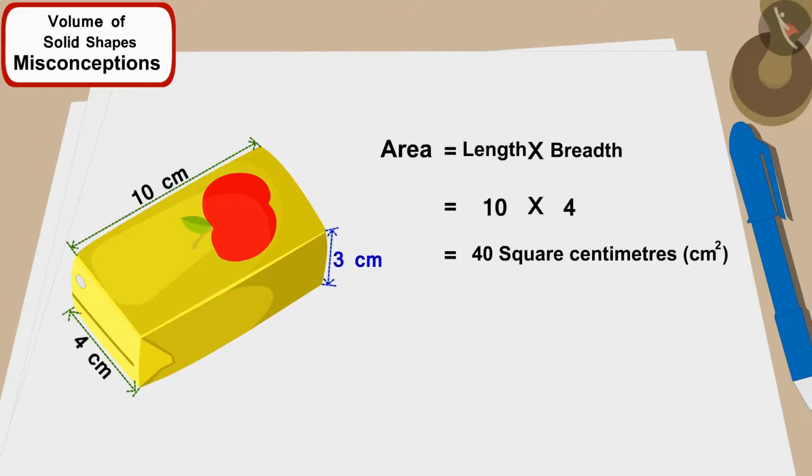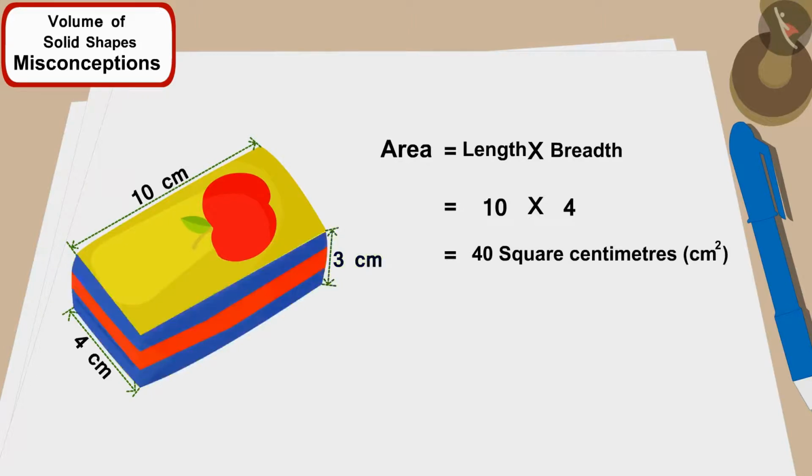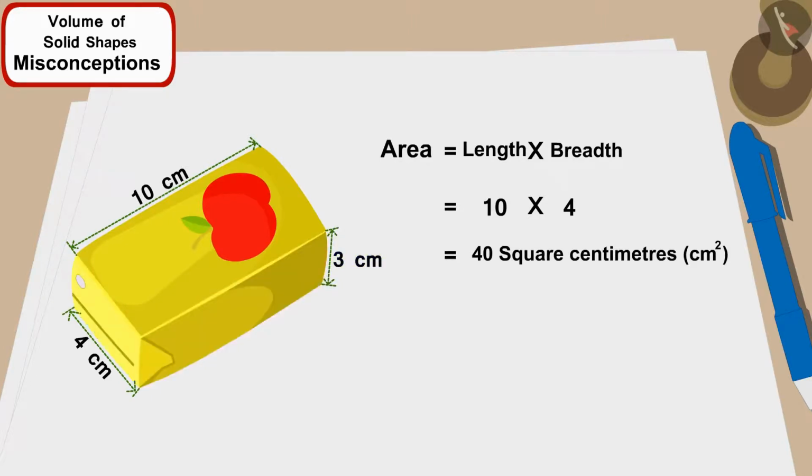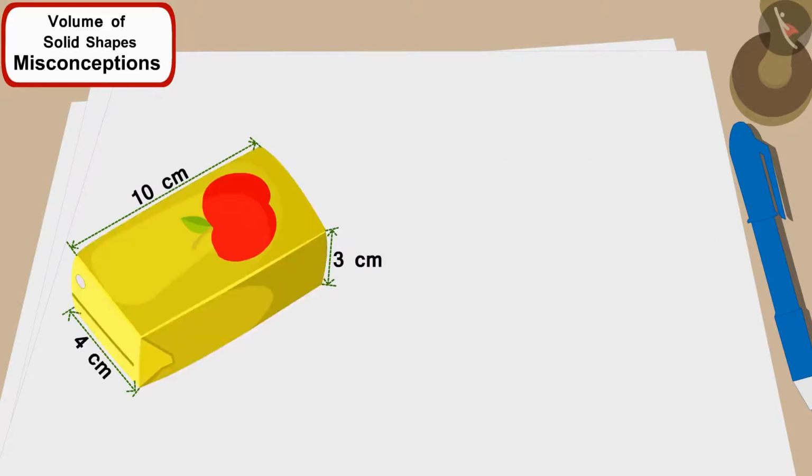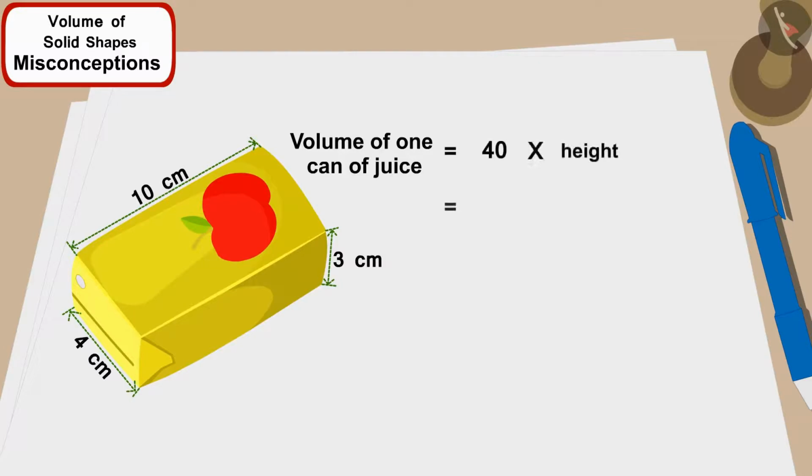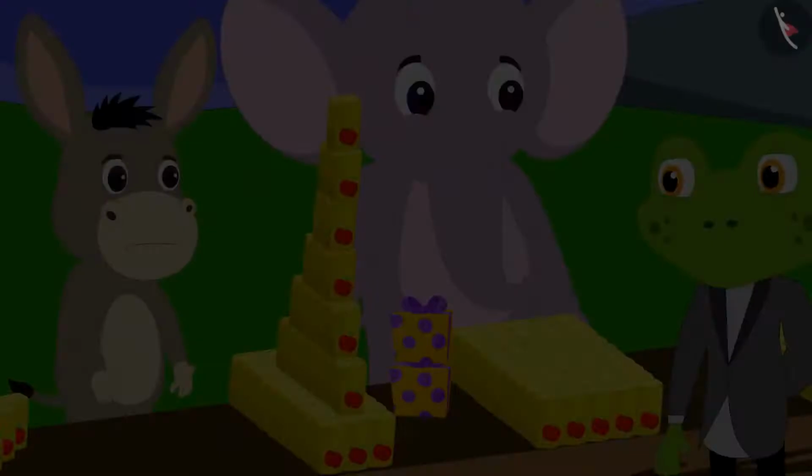And because the height of the box is 3 centimeters, there will be 3 such layers. This means the volume of one can of juice will be 40 multiplied by 3, that is 120 centimeters cubed. Tarru the frog explained to Appu and Bhola.